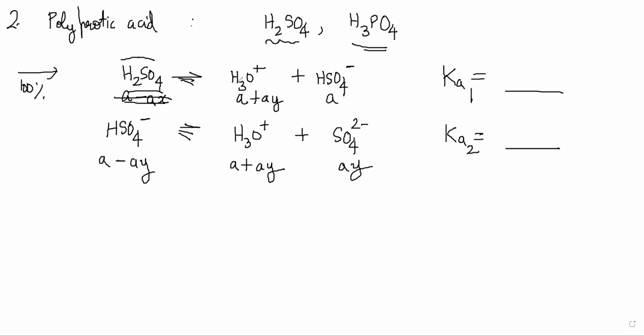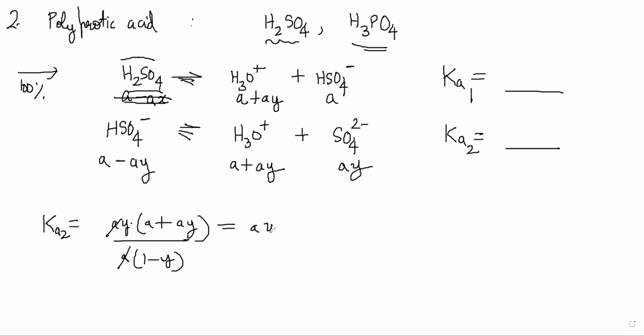A has come from the first step and Ay has come from the second, so total is A plus Ay. So you will write Ka2 will be equal to Ay into A plus Ay by A minus Ay. A will cancel and it will be A into y into 1 plus y by 1 minus y. That will be the Ka2.